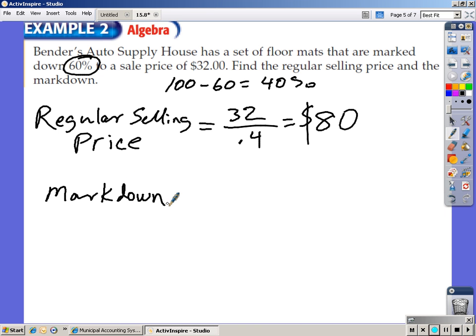Okay? So, we find our markdown. We take our regular selling price minus our sell price, and we end up with $48. Okay? So, the biggest change is how to find the regular selling price. Take your sell price divided by the complement, and you got it. All right?